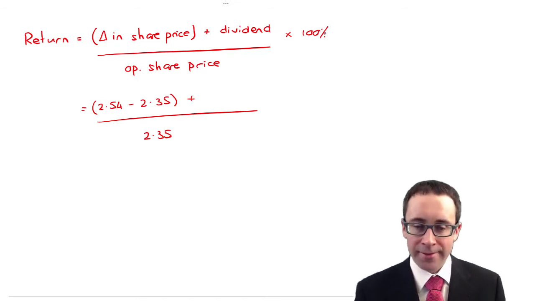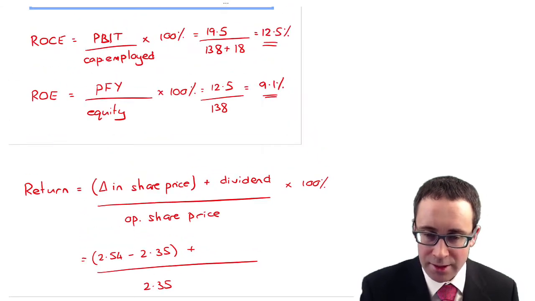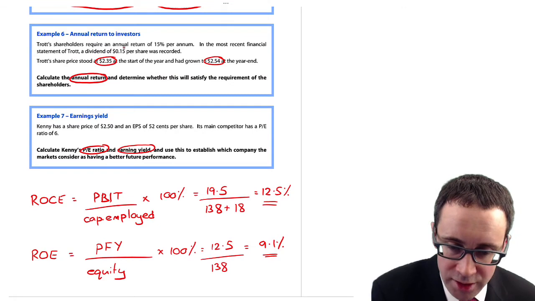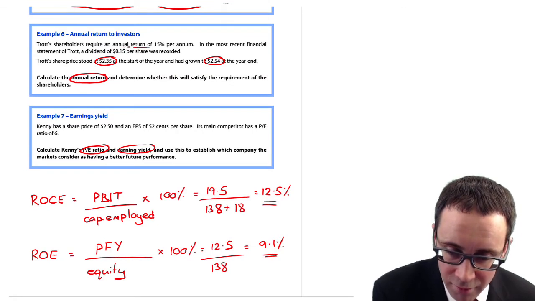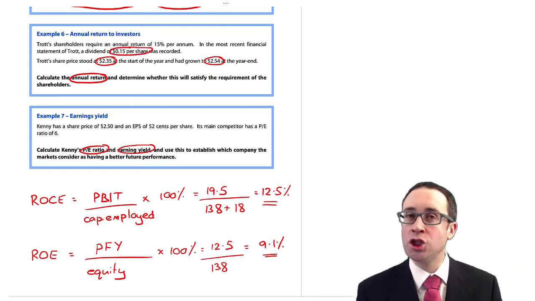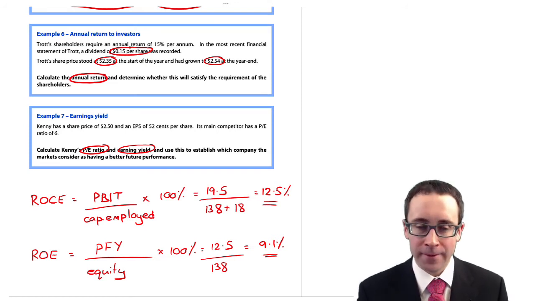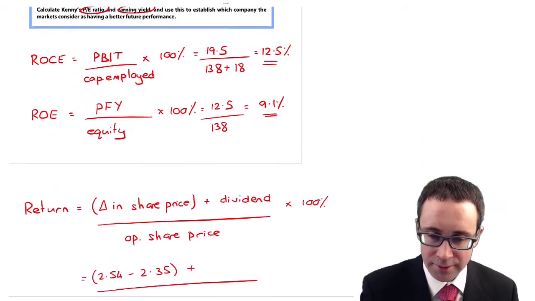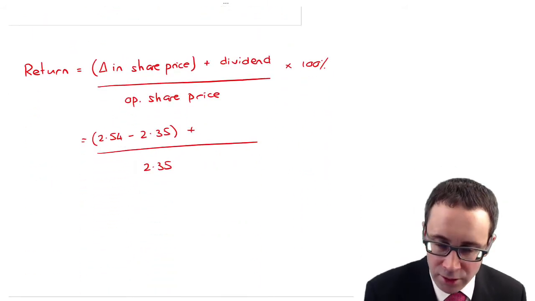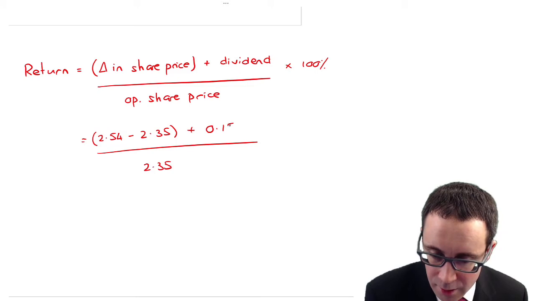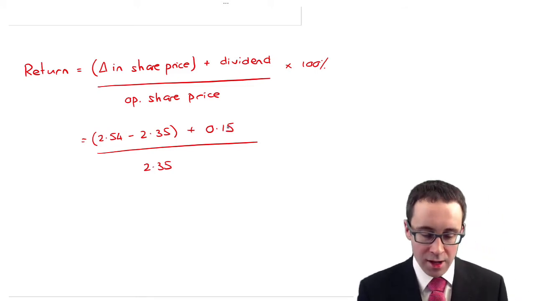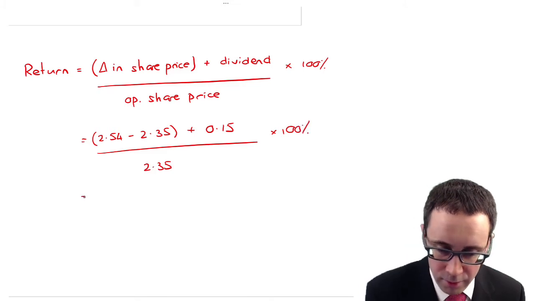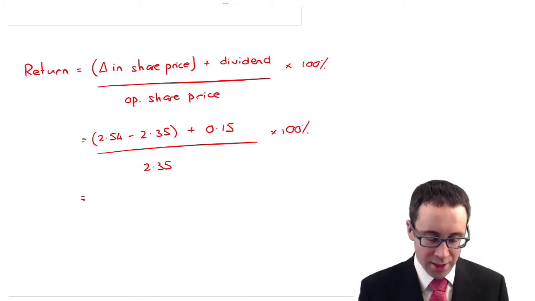There we go. Okay, and then just to complete it in terms of the calculations, it says there that in the most recent financial statements, a dividend of 15 cents per share was recorded. Okay, excellent. 15 cents per share, or $0.15. So we'll add that in. Be careful, it'll be the 0.15. So what have we got there? 2.54 less 2.35.